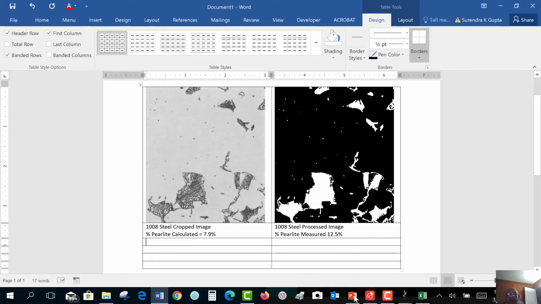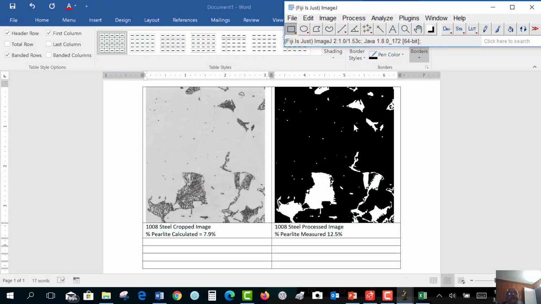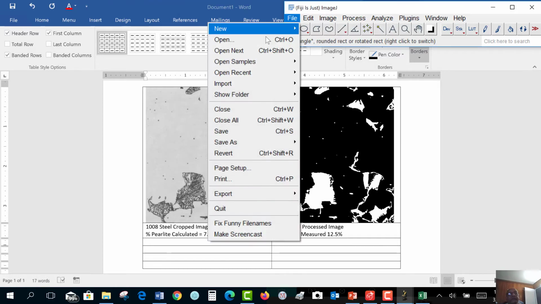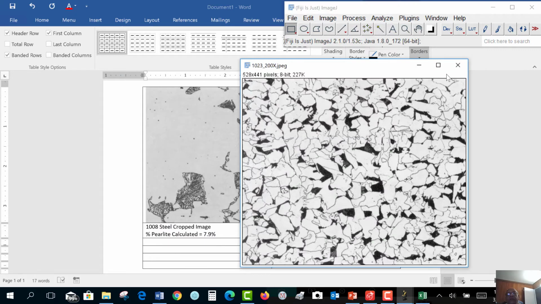Okay, let's go ahead and look at the next image. Now, this is a very beautiful image because after etching, it also shows the pro-eutectoid ferrite boundaries. And these dark areas not resolved are all perlite. So this should be the two-phase microstructure.